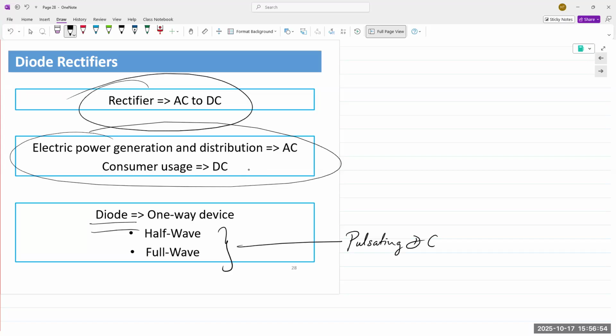Then we add filtering options to remove that pulsating DC and make it into an approximately flat line. There are many other components that go into building a power supply, but the first one is a diode at the front end.